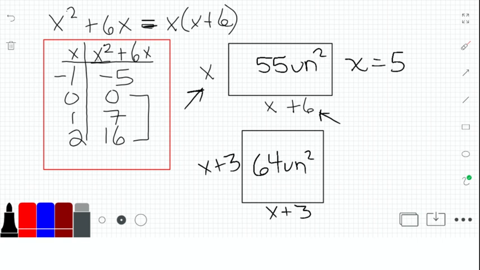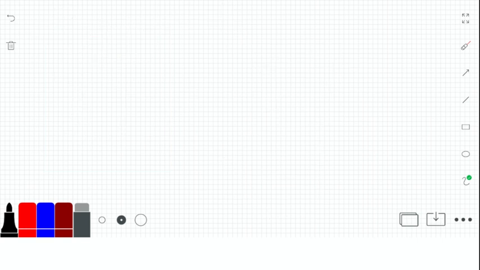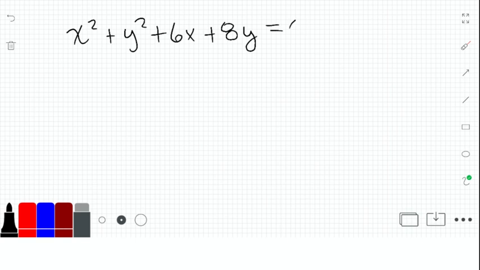So let's take a look at an example. Let's say that we are given this equation, to keep it very simple, x squared plus y squared plus 6x plus 8y is equal to 0.